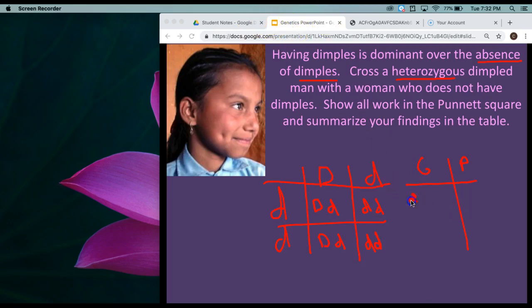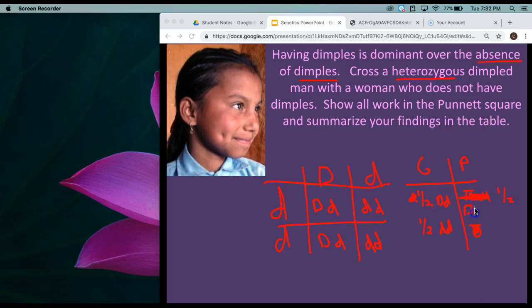Let's do this. 1/2 big D, little d, and 1/2 little d, little d. And this goes to tall, half, and oops, we're not talking about tall anymore, are we?